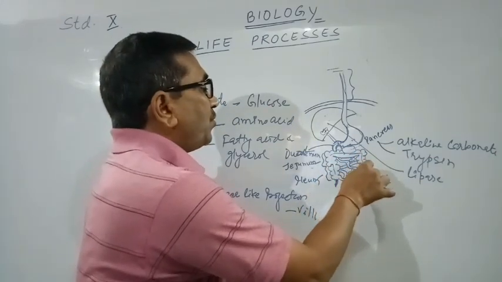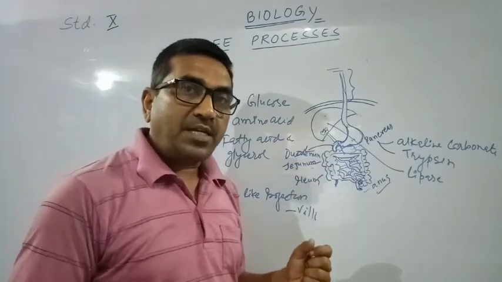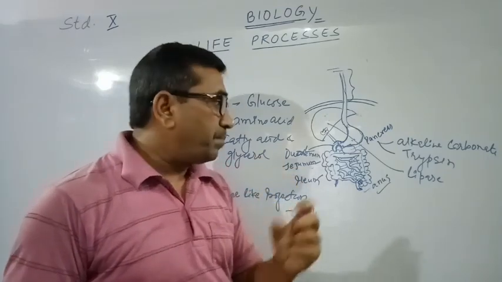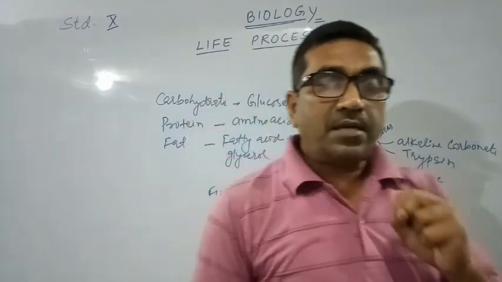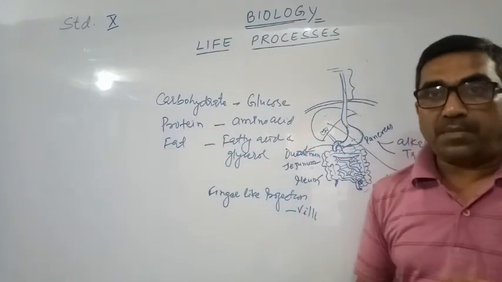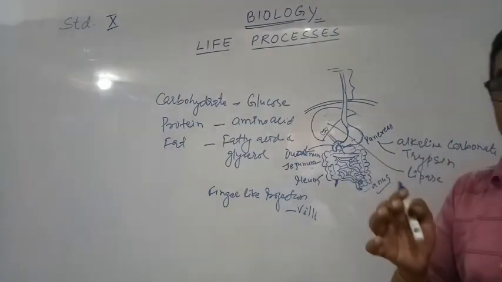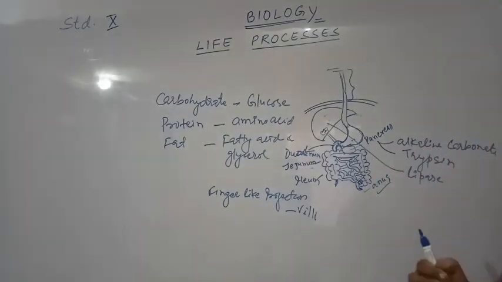Villi-type projections are also found on the wall of the large intestine, and they absorb the water present in it. The rest, the undigested food and waste materials, passes through and is collected in the rectum, then thrown out through the anus.